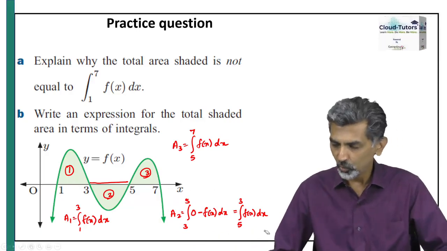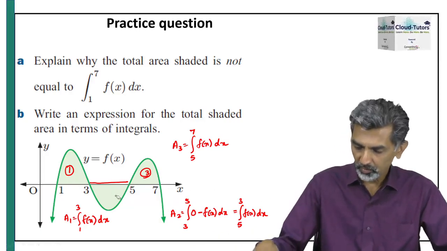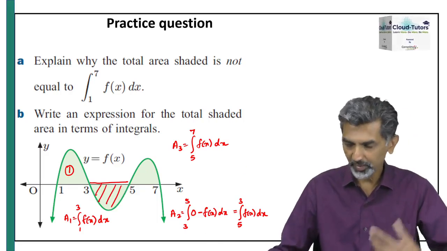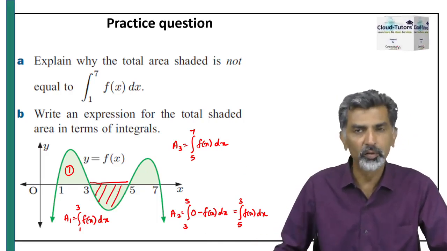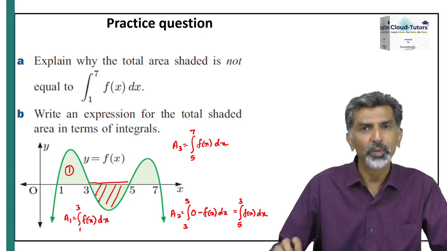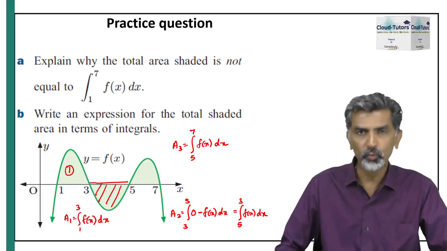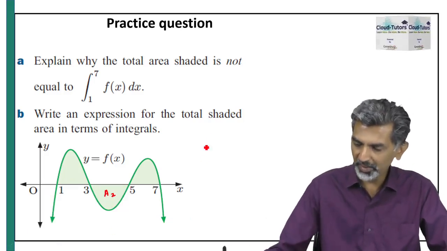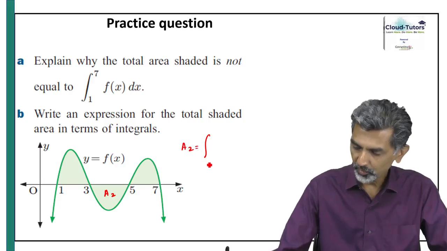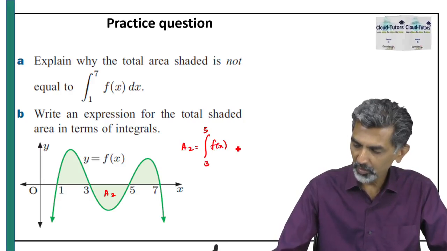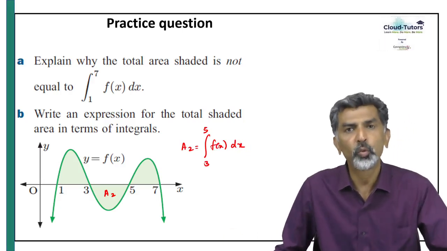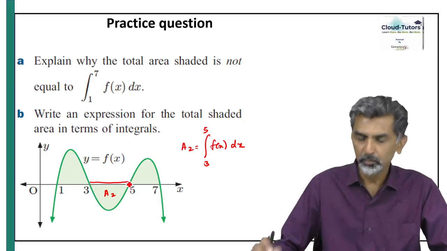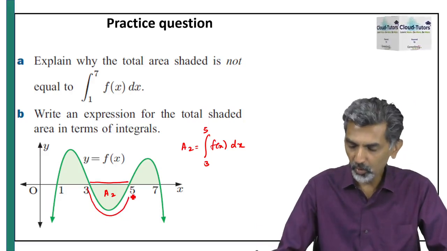You look at it, if you treat this region as just, and I'll clear the entire answer and get into another part of the explanation. I hope how we actually calculate the area is clear to you now. So I'll clear this portion, and then I'll say, if you were to calculate A2 as 3 to 5 f of x dx, then this would give you a negative value, because this region has the upper boundary as the x-axis and the lower boundary as f of x.